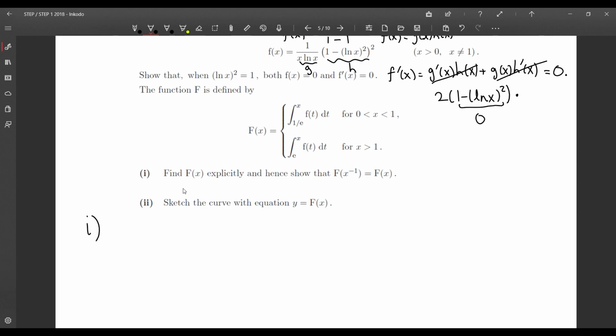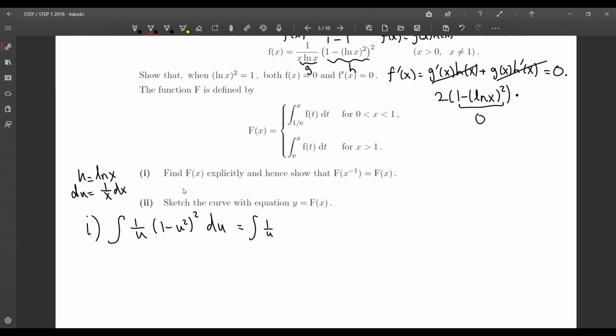Now h, as I've denoted up here, is the more complicated part. So okay, well, the most natural thing is going to be let u equal ln x, because then du is going to be 1 over x dx. So that gets rid of this 1 over x, and we have 1 over u times 1 minus u squared du, and this just becomes polynomial.